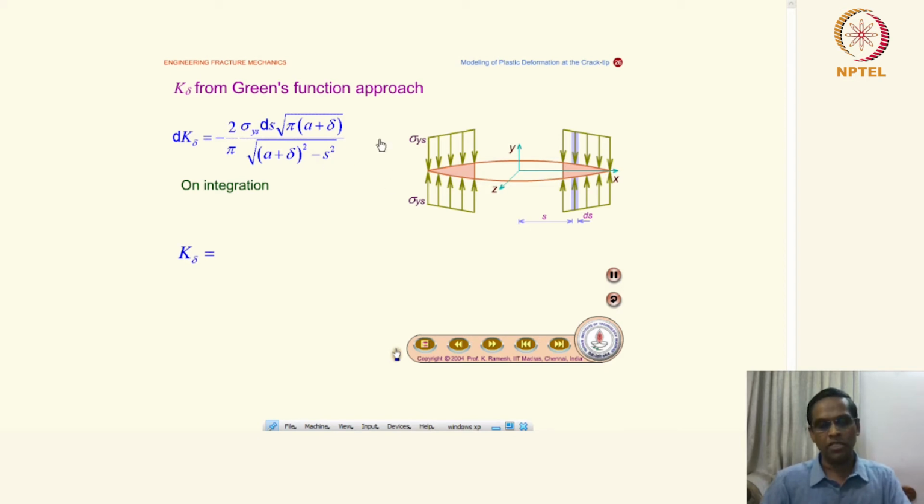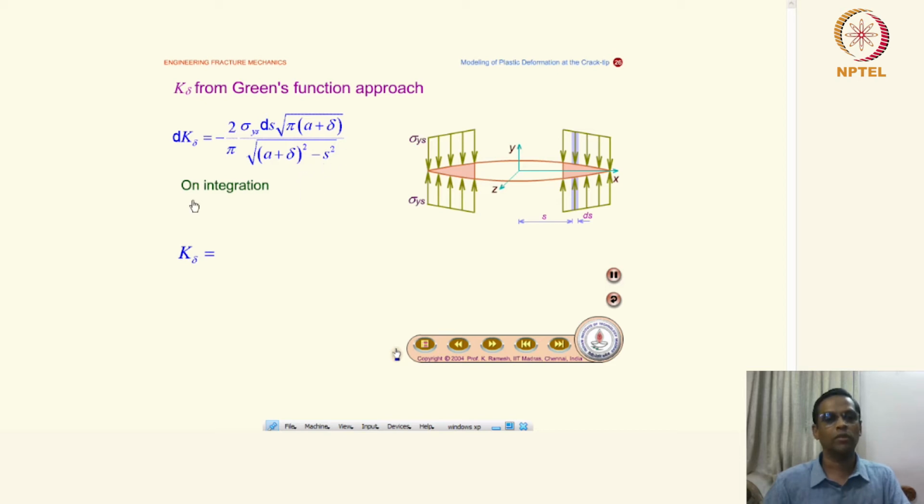For the wedge type of loading at the two ends, the Westergaard stress function is given, and then the stress intensity factor is derived like this for the tensile load, but here it is a negative sign because it is a compression load. So this is considered like a wedge type of loading, which reads: σys ds √(π(a+δ)) divided by √((a+δ)² − s²).